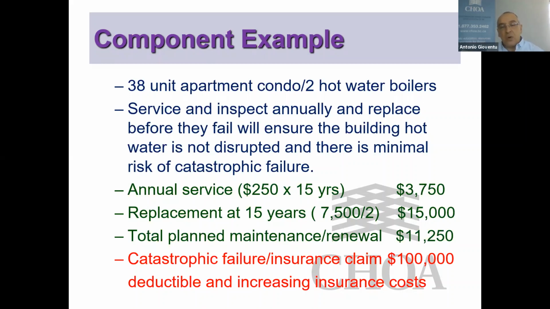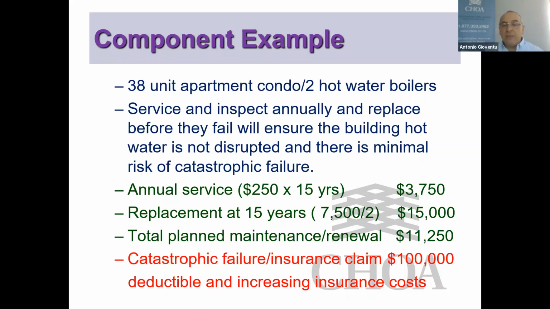Like many strata corporations, their insurance deductible for water, even though they've had no claims, has now increased to $100,000. So they'd be responsible for any costs up to the $100,000 if these fail, cause a flood in the building. But likewise, if there's catastrophic failure over $100,000, they're responsible for the $100,000 claim. The difficulty with this is it also downloads to individual strata lots.